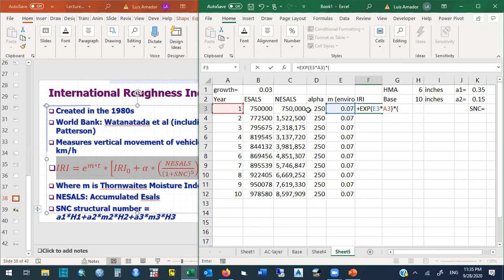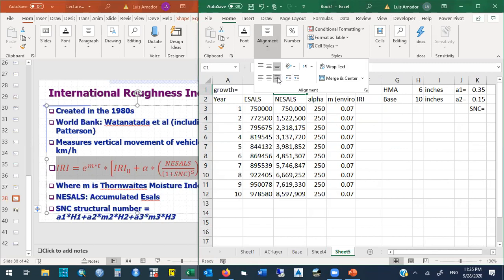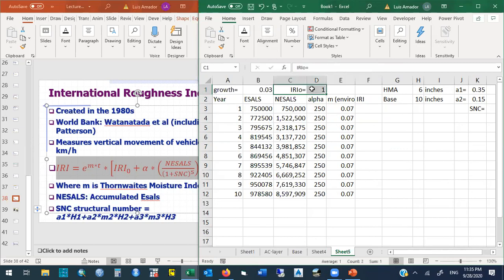Oh, I didn't write it, eh? Okay, I'm going to assume RI0 is, okay, let me put it here. Let's assume it's 1.0. So those two values are together.